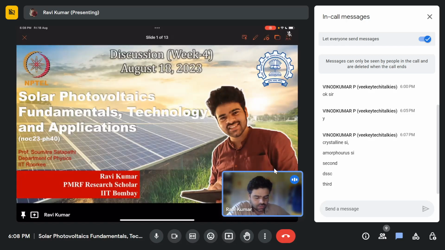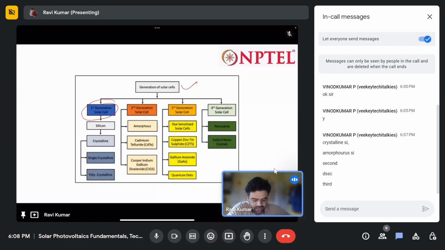This is the generation of solar cell. First generation we have silicon. In this silicon we have crystalline, that is single and poly, also known as monocrystalline and multicrystalline. Second we have amorphous, cadmium telluride and CIGS, that is copper indium gallium diselenide. So these are thin film technology.